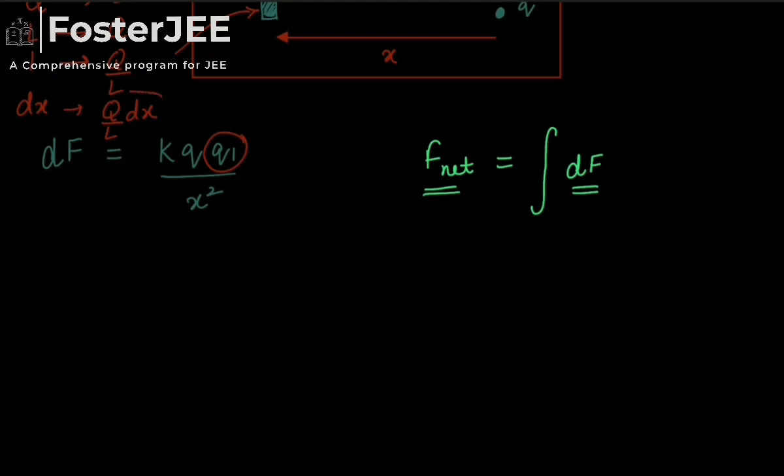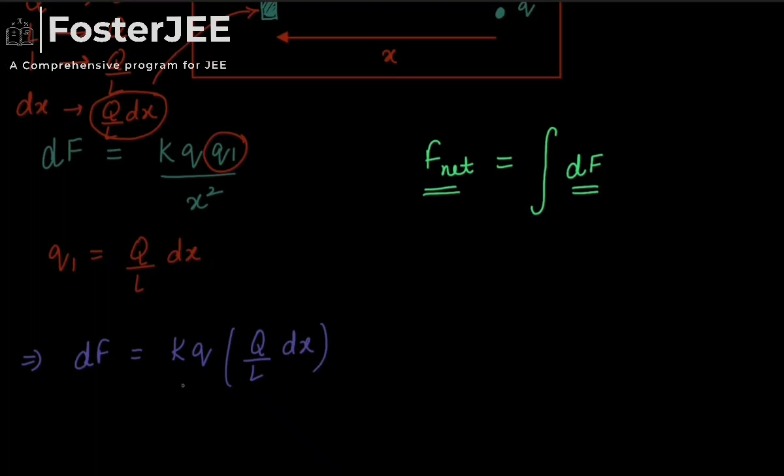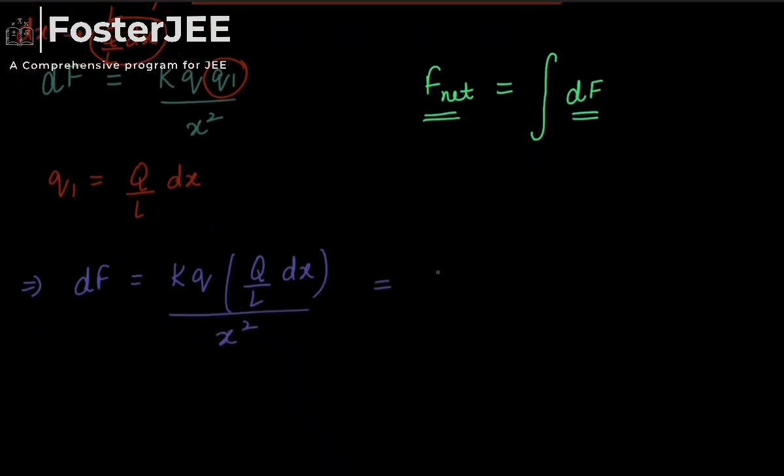So this is the charge present on this particle. Hence q1 is q upon L dx. Substituting the value, we will get dF equals k q, q upon L dx, upon x square, equals k q q upon L dx upon x square.